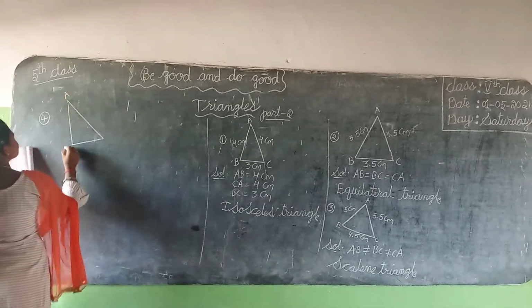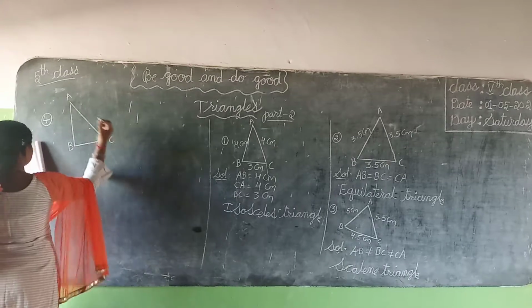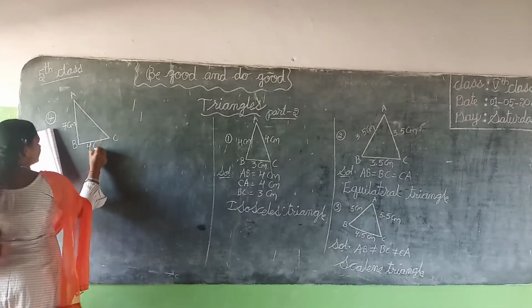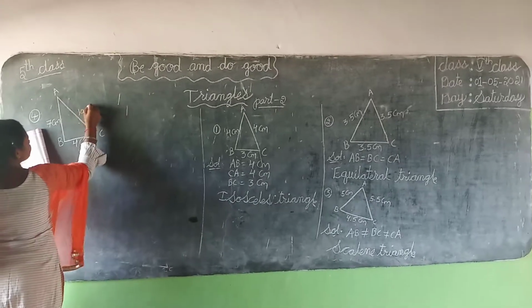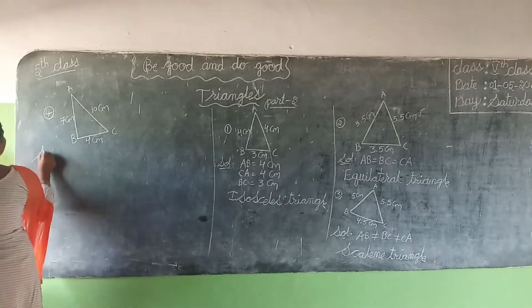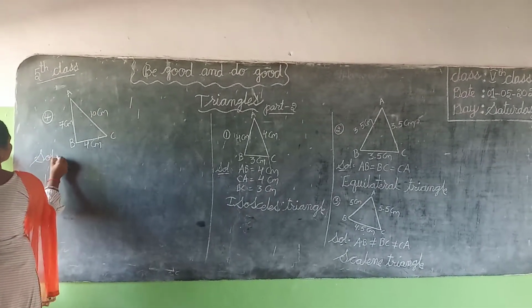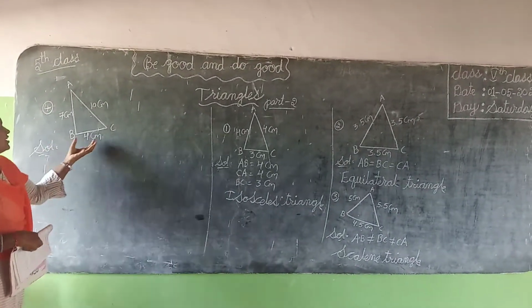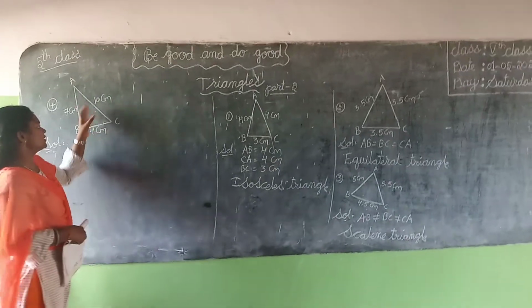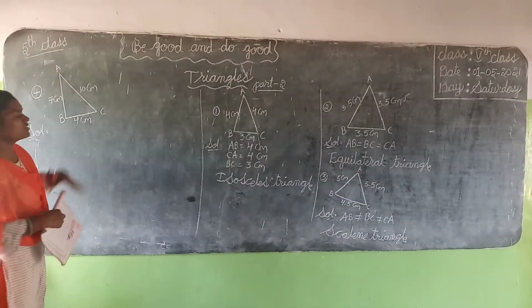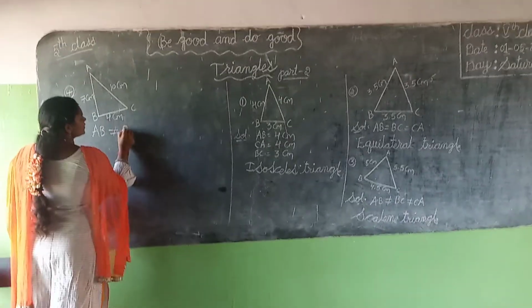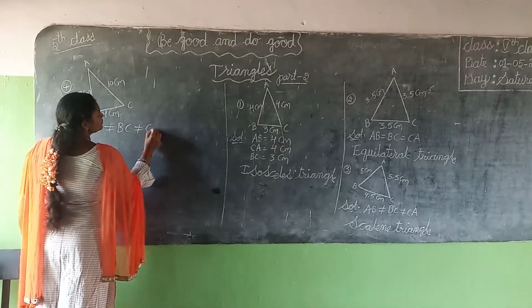So in this, vertices A, B and C. One side is 7 centimeters, one side is 4 centimeters, and one side is 10 centimeters. So this triangle also has different sides. AB is 7 centimeters, BC is 4 centimeters and CA is 10 centimeters. That means AB is not equal to BC is not equal to CA.